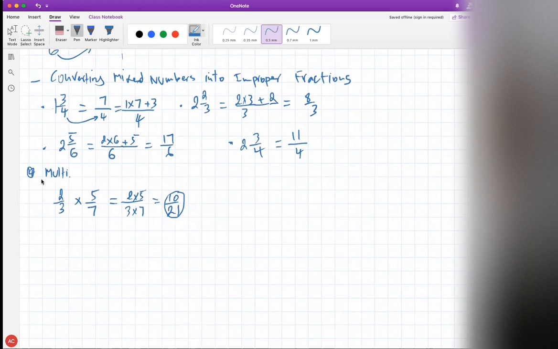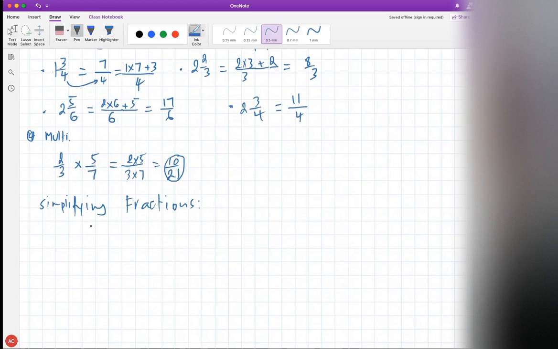So let's talk a little bit about simplifying fractions. Before we do more of these, let's do simplifying fractions, because that's important. Before we do anything, we try to simplify fractions. Generally speaking, if you have a fraction with large numbers, we try to simplify it, reduce it to the lowest terms.